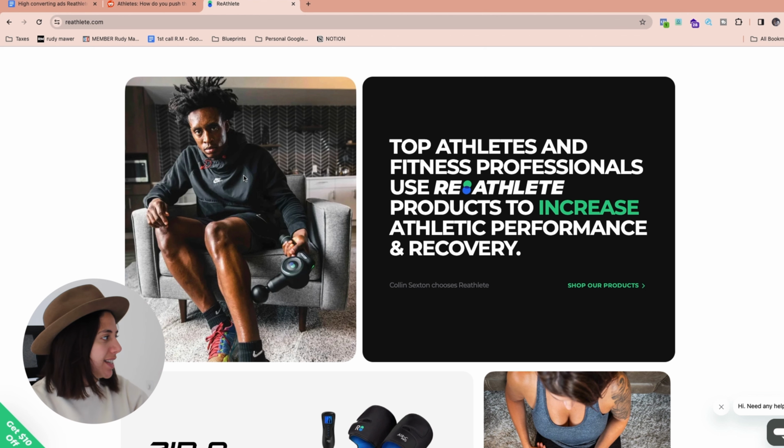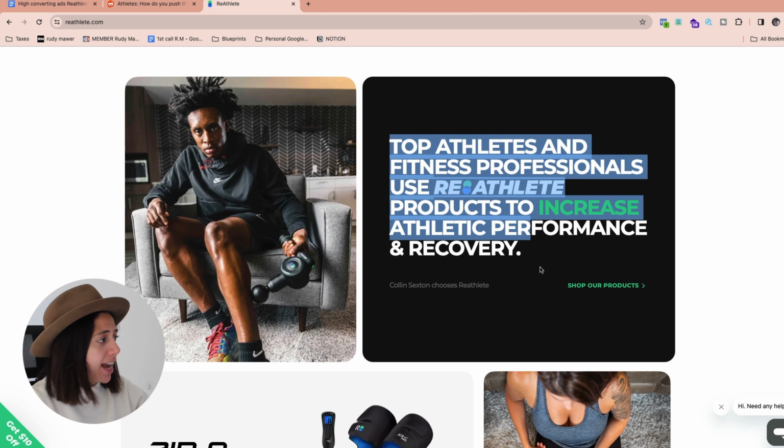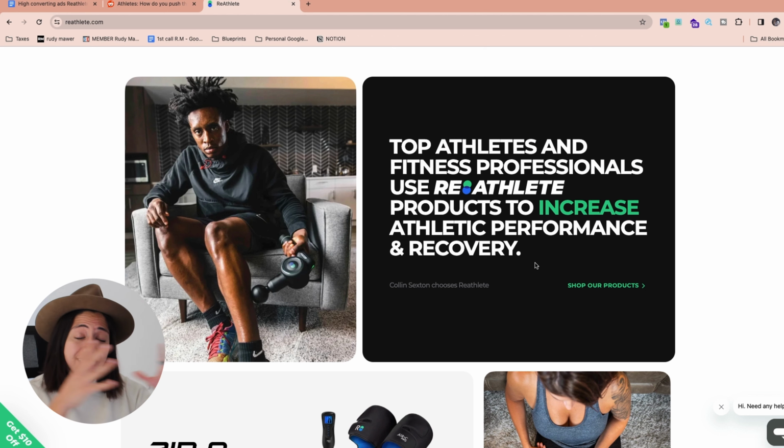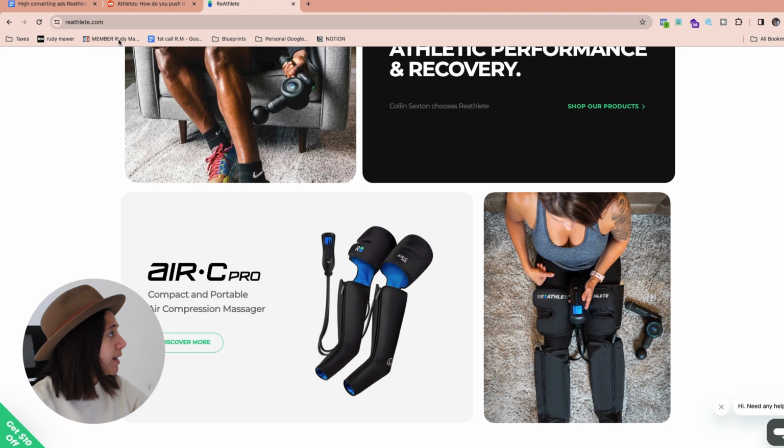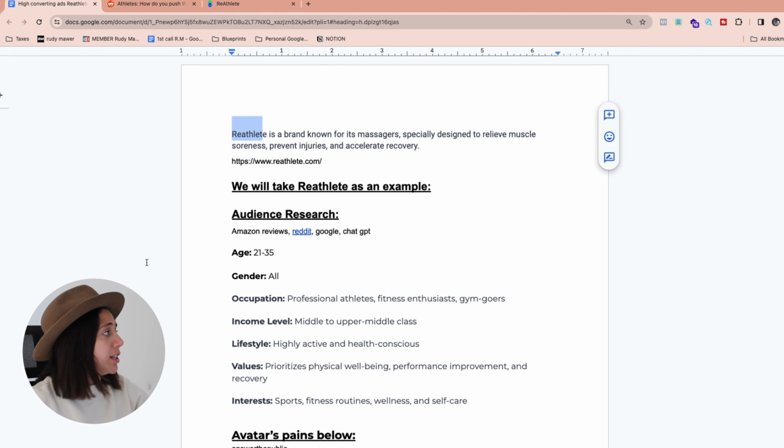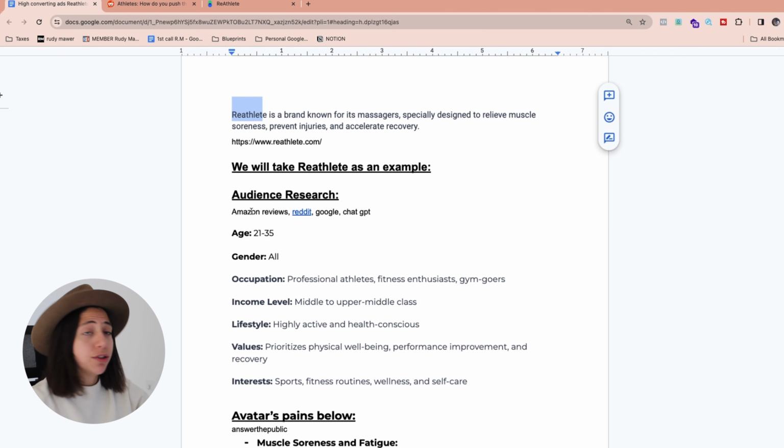And so as you can see, the photos, the text, all of that is pretty much designed to that target audience. It's very, very specific. And I love that. I think they did a really good job. So how do we start by doing our audience research? Well, you can look into your competitors, see who they are talking to, what's their marketing angle.